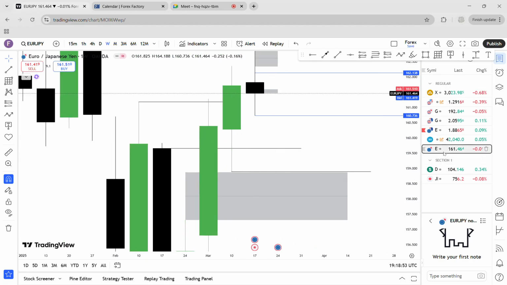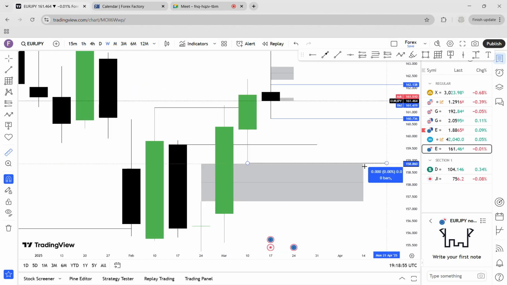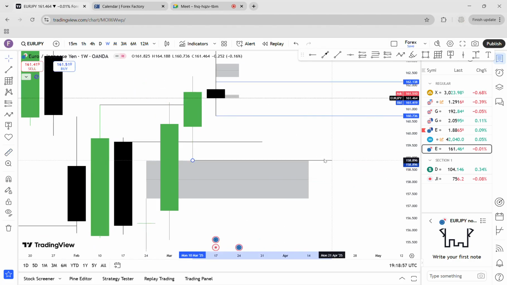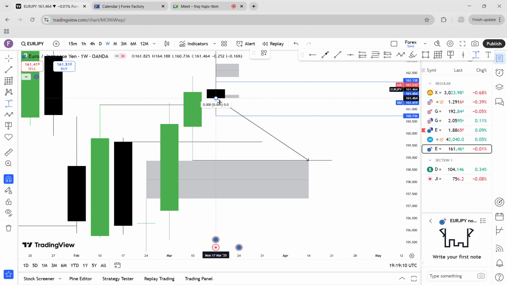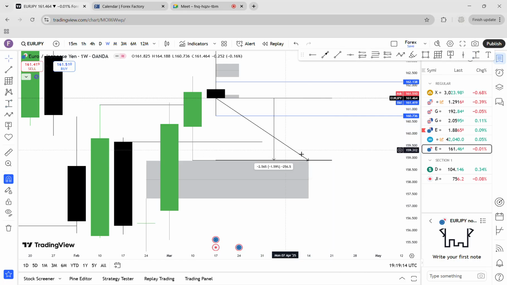But where are you going to take your profit from? Exactly, this line right here, this low. Of course, once it goes below that low, we already tap into the inefficiency, right? But this is your TP. So calculating your pips, you will target, for example, this low, which is 200 and something pips.